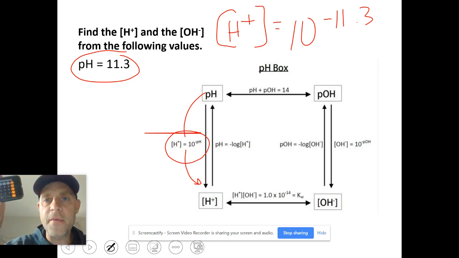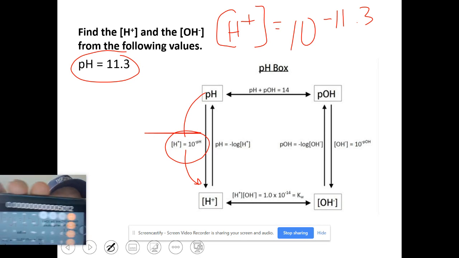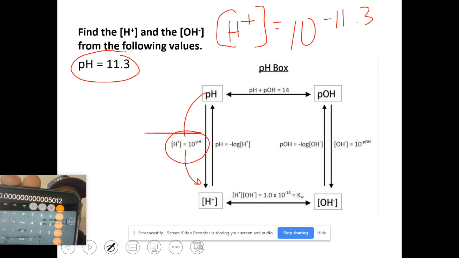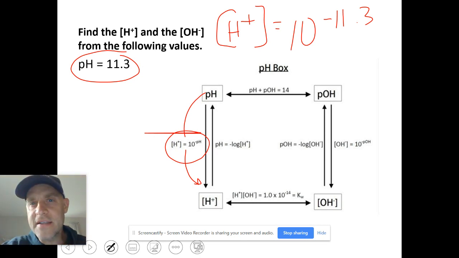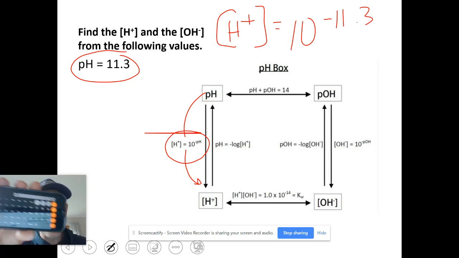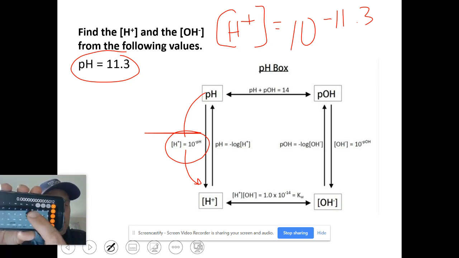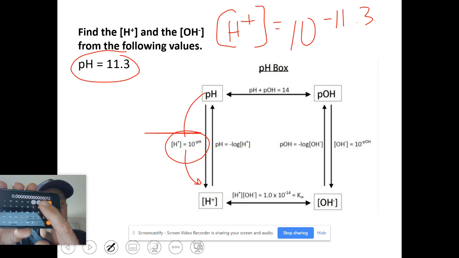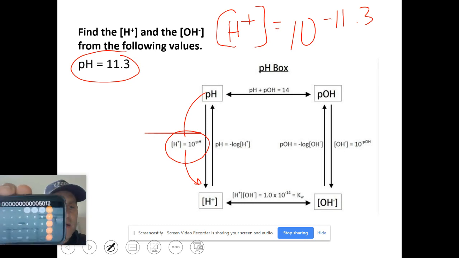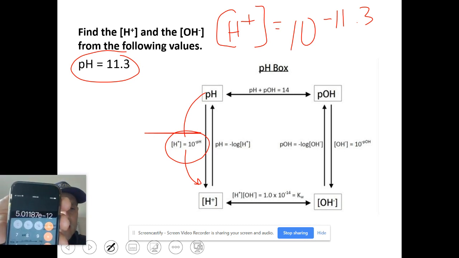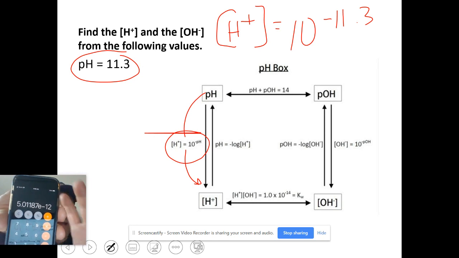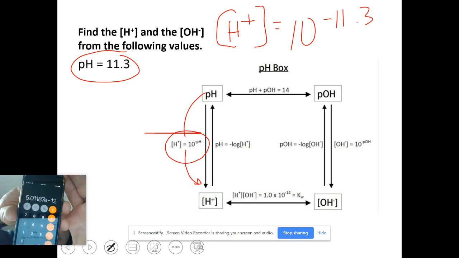Now here's what I love about the iPhone. Watch this. I could write all those zeros out, but remember we talked about scientific notation. You can count how many zeros, move the decimal over until it's the first non-zero number, or I can just do this. And it gives me scientific notation.